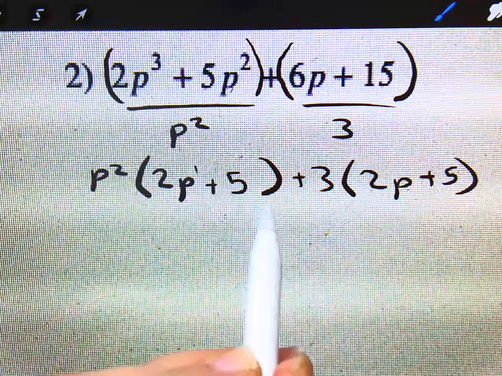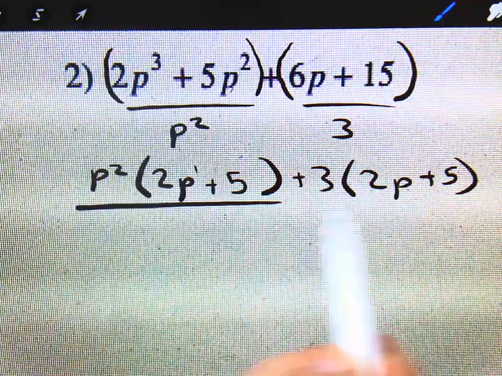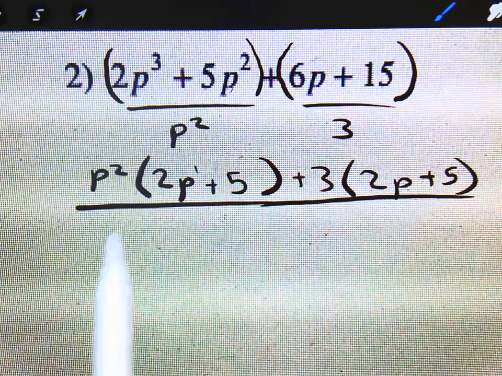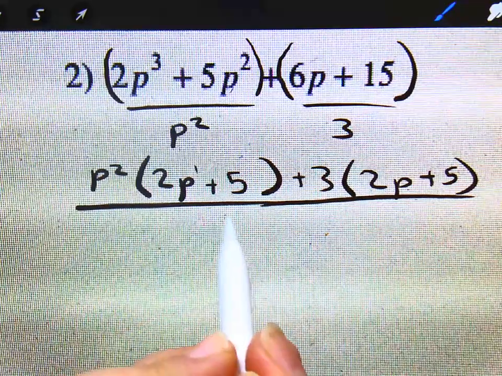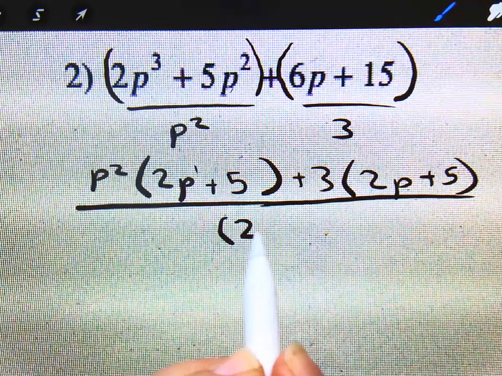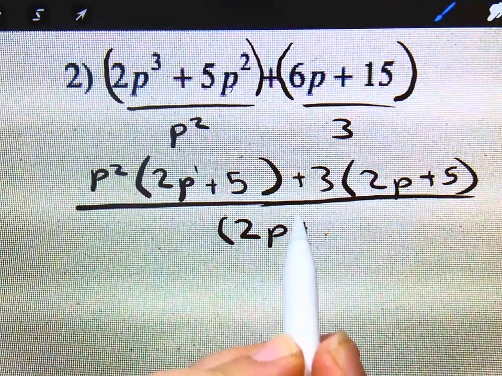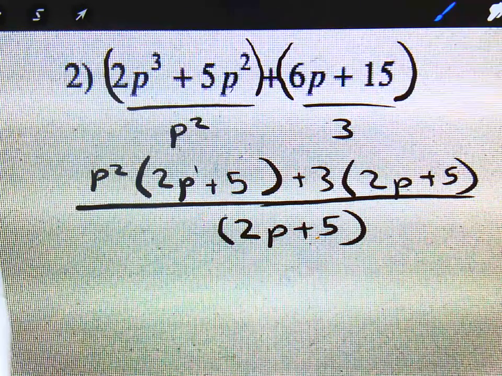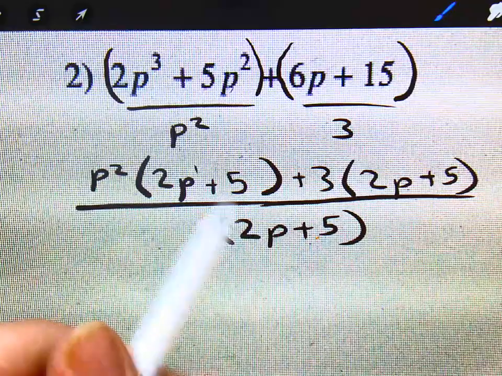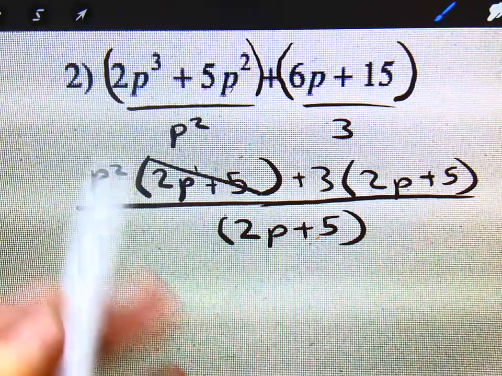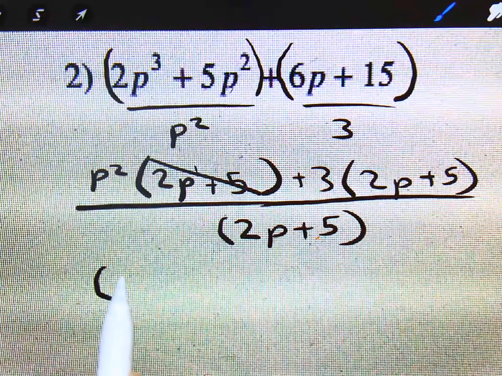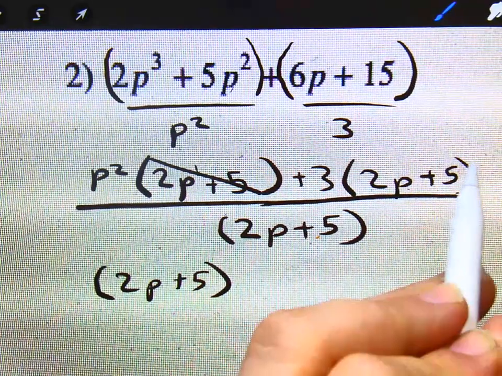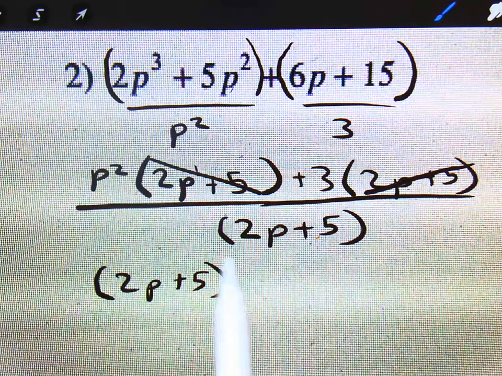So now the question is, what could I divide this by and this by? That's a binomial, and my binomial that I'm going to be dividing out of both of these is 2p plus 5. So I'm going to divide this by it, and I'm going to divide out 2p plus 5, and I'm going to divide this by it, so that's going to get canceled out.